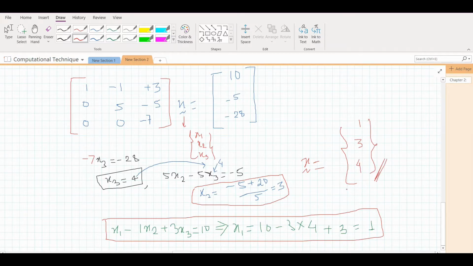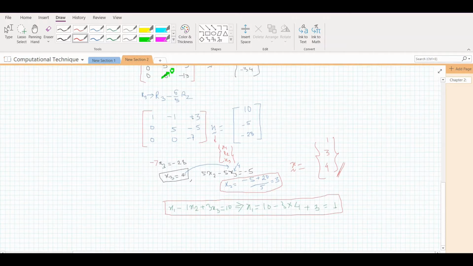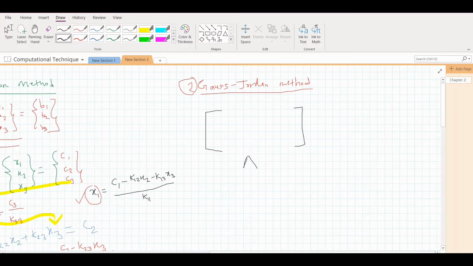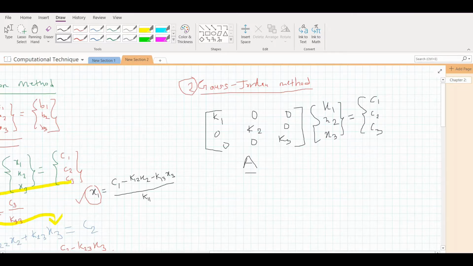Now there is another method which is known as Gauss-Jordan method. This method is similar to Gauss Elimination Method, but here your final A matrix will be of this form: x1, x2, x3 equal to c1, c2, c3.